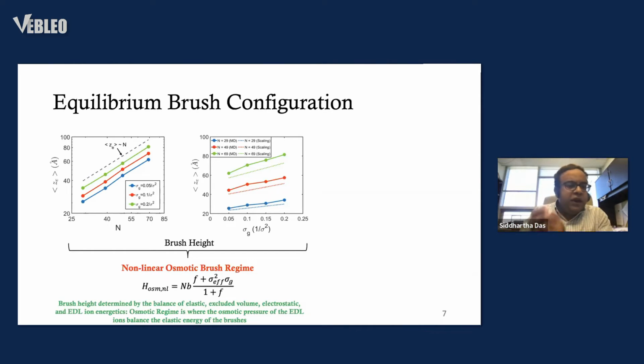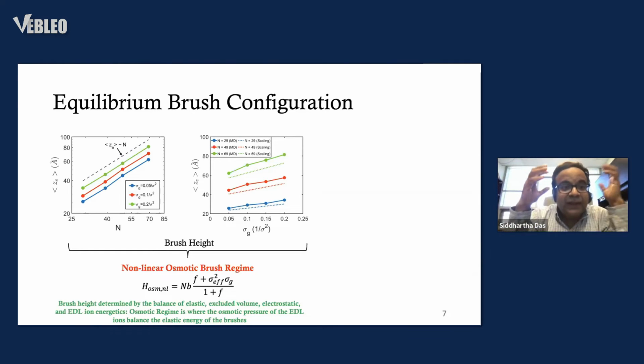Typically, a polyelectrolyte brush molecule is balanced by four effects. What are they? One, the elastic energy of the brushes, the fact that they could stretch. Two, the excluded volume interaction, the fact that one segment cannot occupy the same place as another segment at the same time, nor could they occupy the location of their adjacent brush molecules.